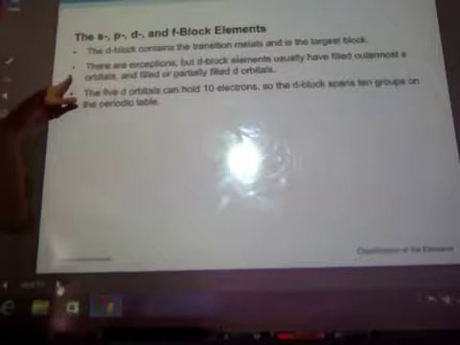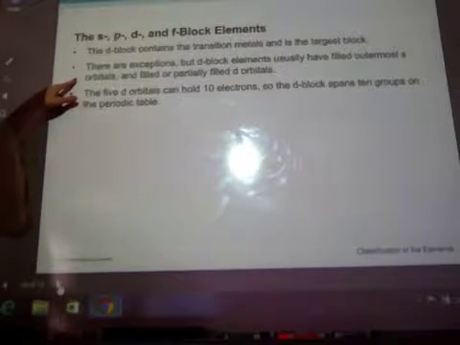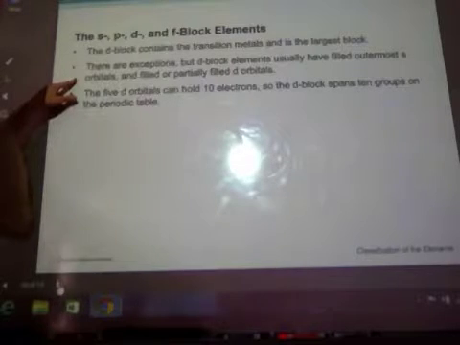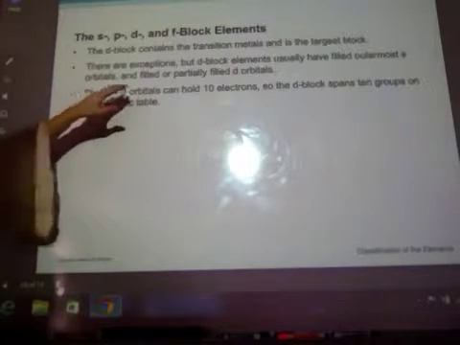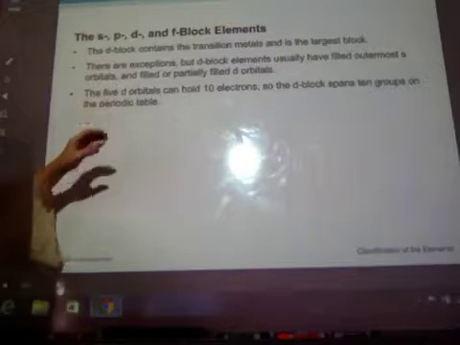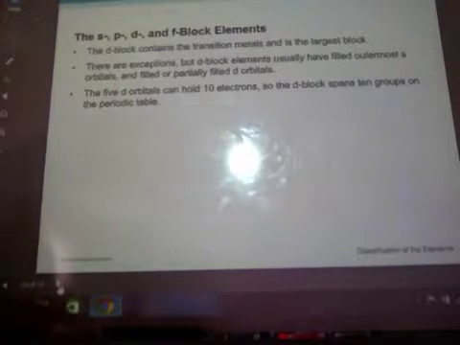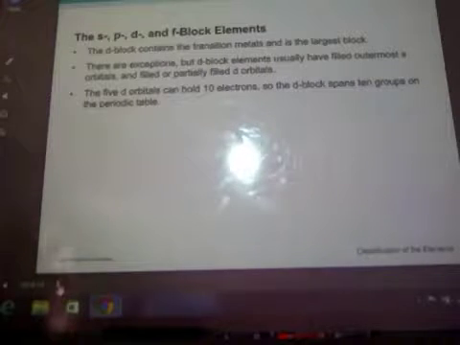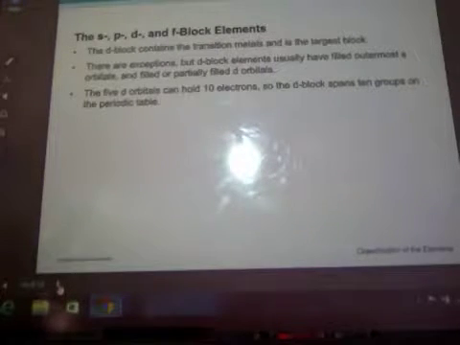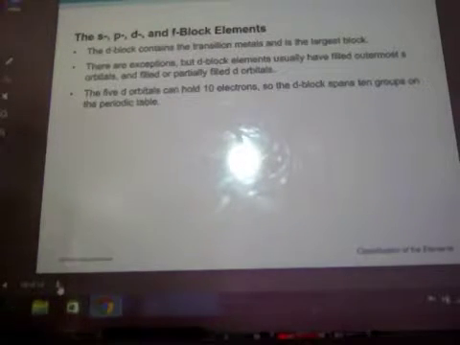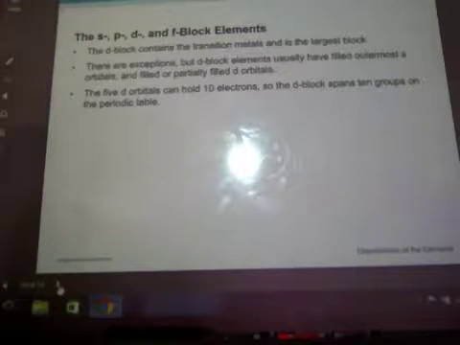There are exceptions, but d block elements usually have filled s's and then partially filled d's. So for example, titanium is the one that I had on your test, so we'll look at that. Titanium is in what period? Period 4.